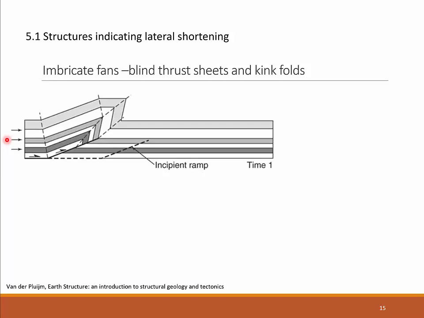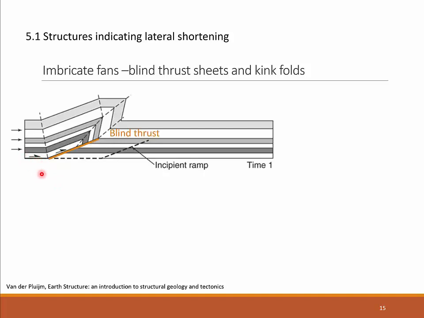sigma 3 is vertical. In such a situation, we might form again cross-cutting thrusts, because thrusts oriented at a dip angle of about 30 degrees are the preferred direction in which contractional faults would form. We see here that process already has started.